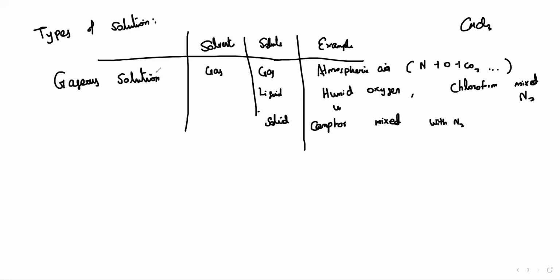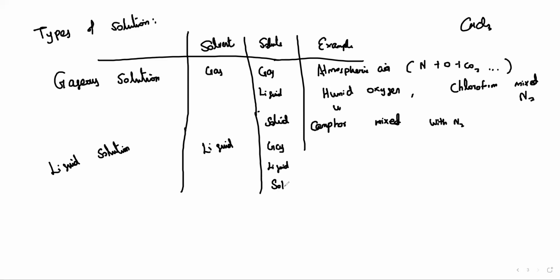The next thing, we have done with gaseous solution. Now we will move on to liquid solution. What is that? In liquid solution, the main solvent will be liquid only. So the solute may be gas, liquid, or solid. This has the most examples.